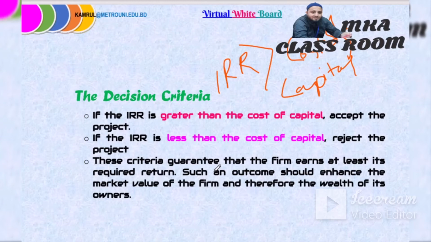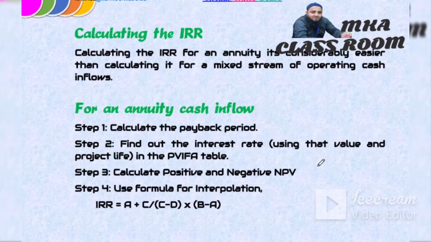Then we will see calculating IRR. Calculating IRR is not so easy, but you have to look at it very carefully, how we calculate IRR. Calculating IRR for an annuity is considerably easier than calculating it for a mixed stream of operating cash inflows.